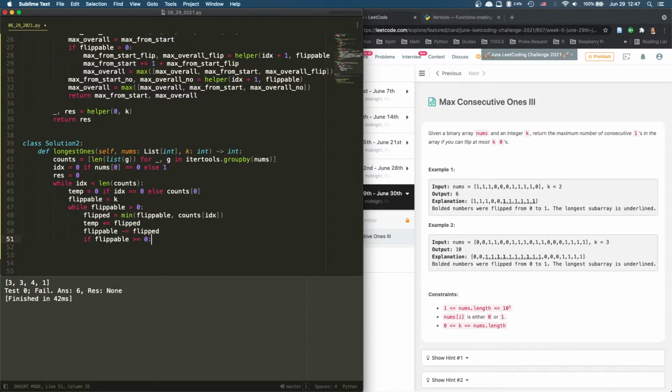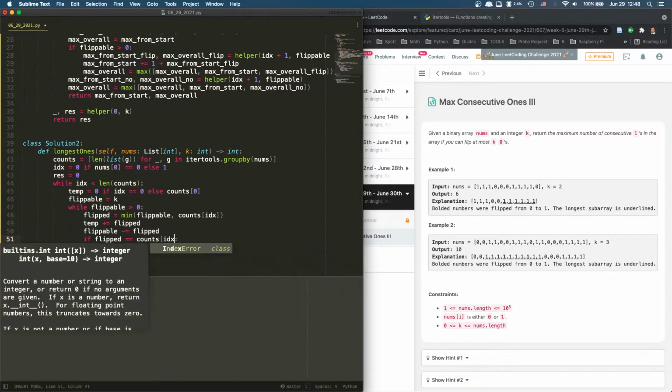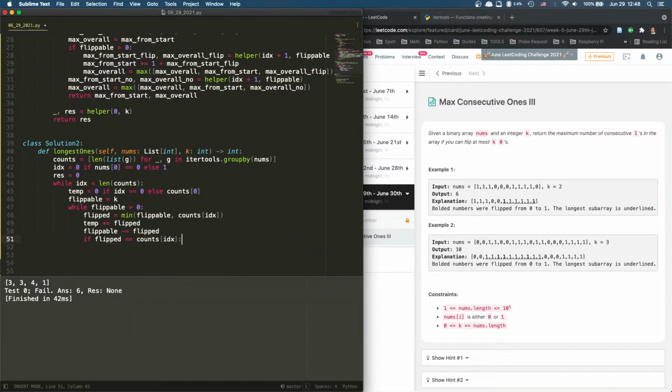Hold on. No. I'm going to say if flipped is equal to counts[index], right? That means we flipped everything here, so we can concat with the next one.